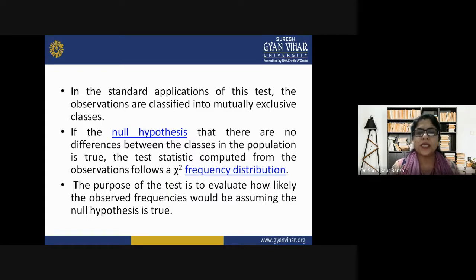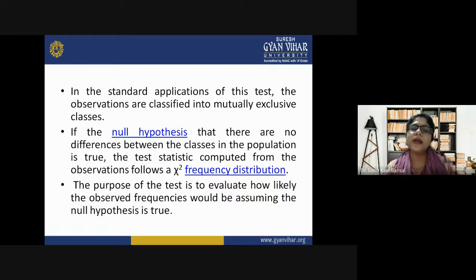It is actually to evaluate the difference between the observed frequencies, what you really observed during your test and item analysis, and what you assumed in your null hypothesis. We all know that the null hypothesis is a kind of tentative solution. In that tentative solution, you had assumed some solution for the research problem you have taken.